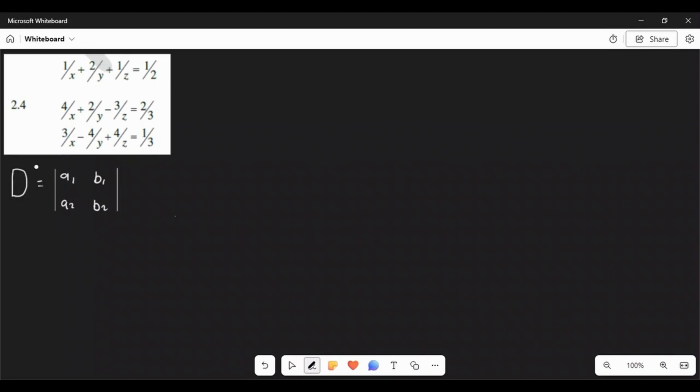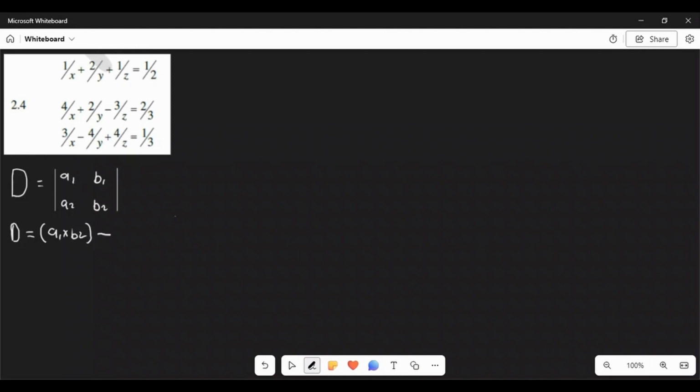So when you calculate the determinant, there's a formula for it. The formula goes like this: the determinant is equal to the product of A1 and B2, so A1 multiplied by B2, that is the first term.